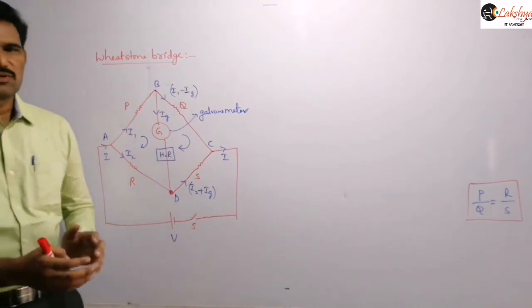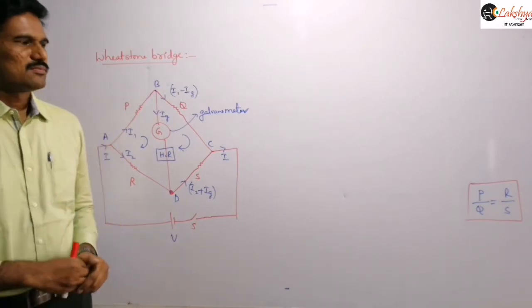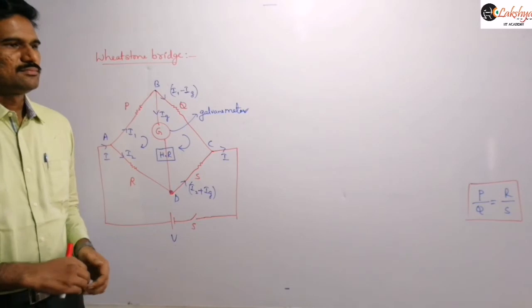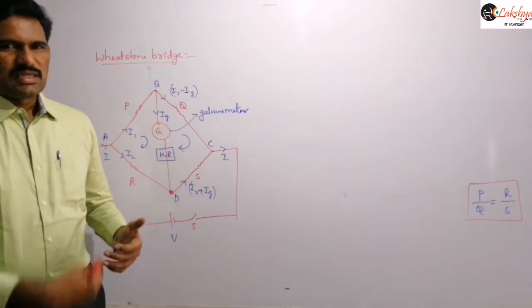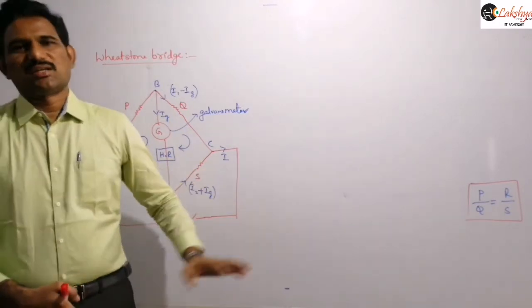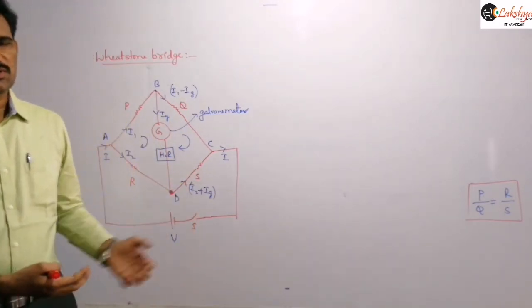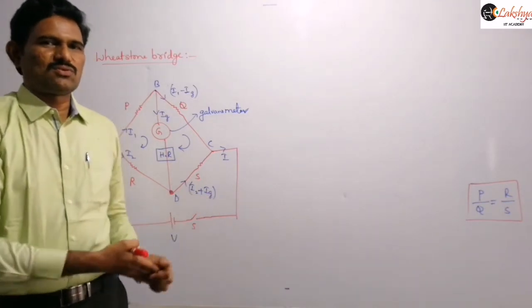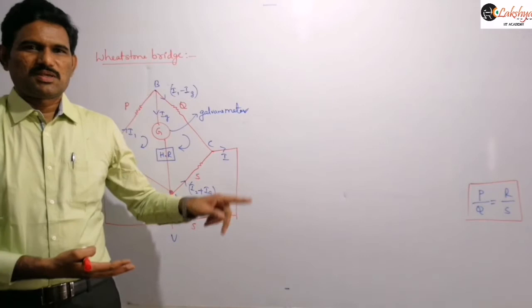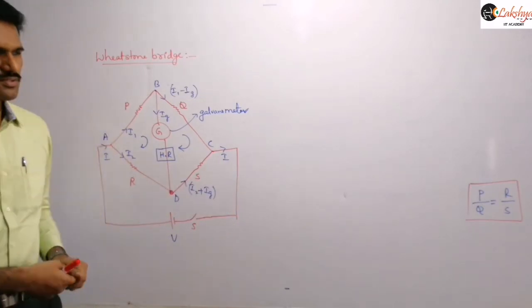That means B and D will be at the same potential. And vice versa: if Ig is equal to 0, then this condition will be satisfied, that means P by Q must be equal to R by S, right?